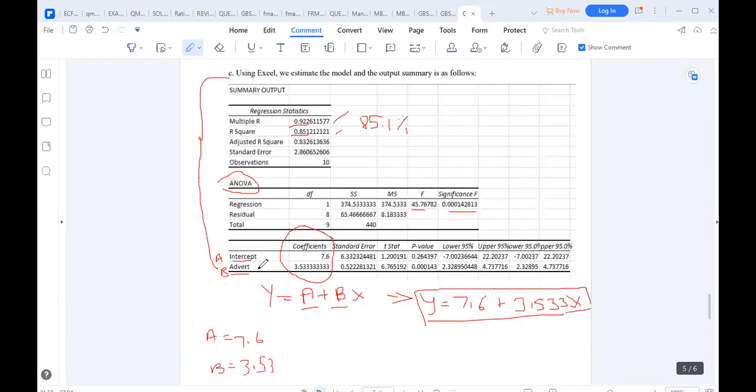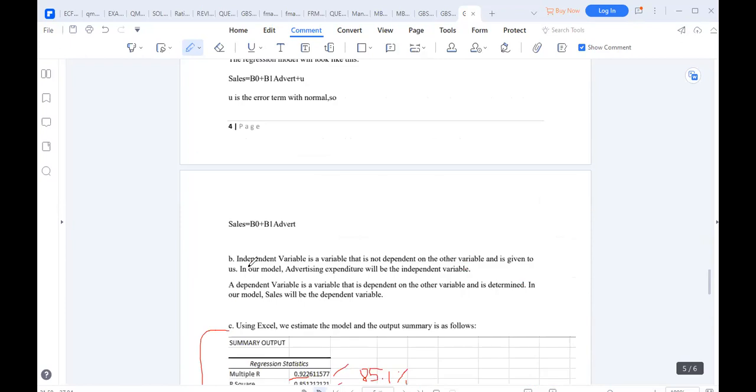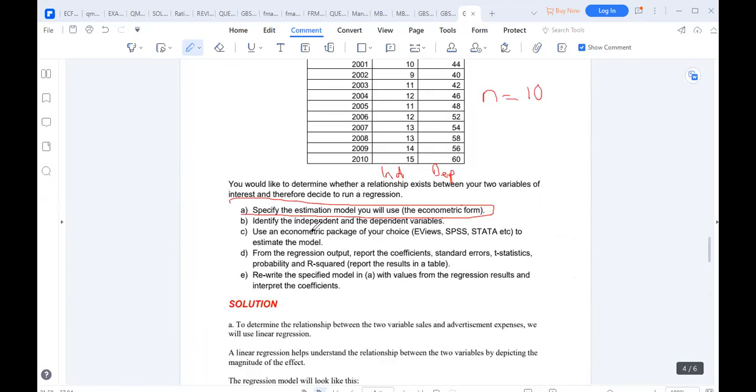The dependent is Y, sales. These are X values here. So the independent variable is advertising, and the dependent variable is sales.